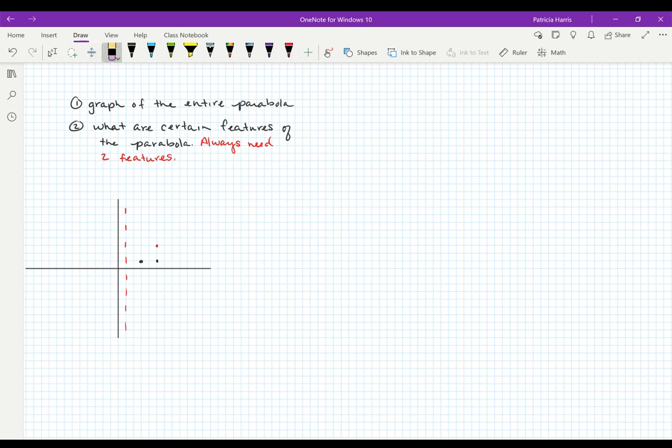And there we go. So this right here is the directrix. This right here is the focus. This is the vertex. And here is my lovely parabola.